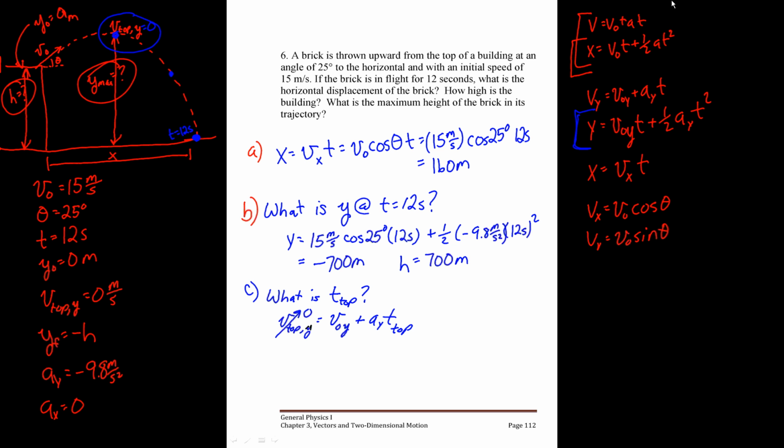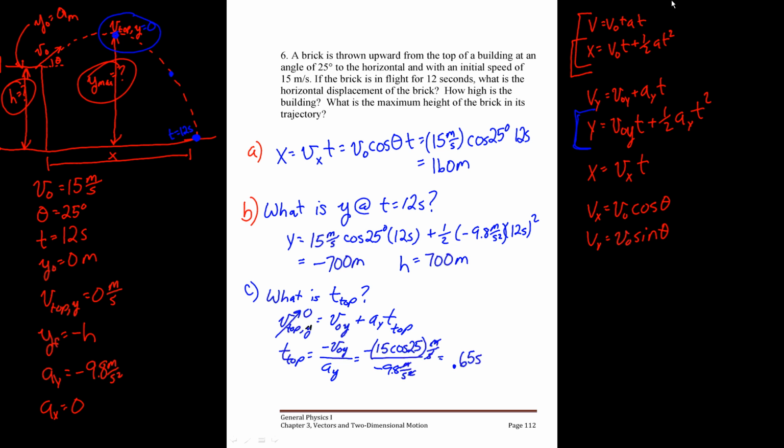And so I solve for t top, which is equal to negative v naught y over a y. That's negative 15 cosine 25 divided by negative 9.8 meters per second squared. This comes out in meters per second, so it gives me seconds in the numerator. And that gives me a time of 0.65 seconds.